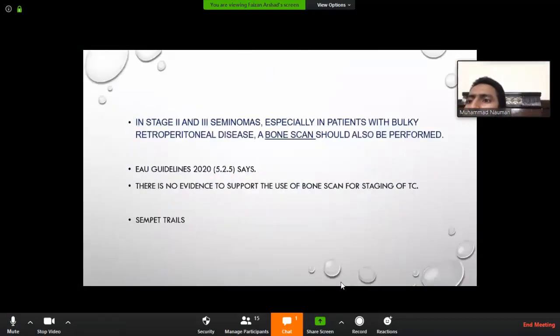I mentioned it, but I don't know exactly what these SEMPET trials are. Maybe this is the name of some trial being done by our radiologists. We have to look into it, and then I will put it on the WhatsApp group, if I find out.